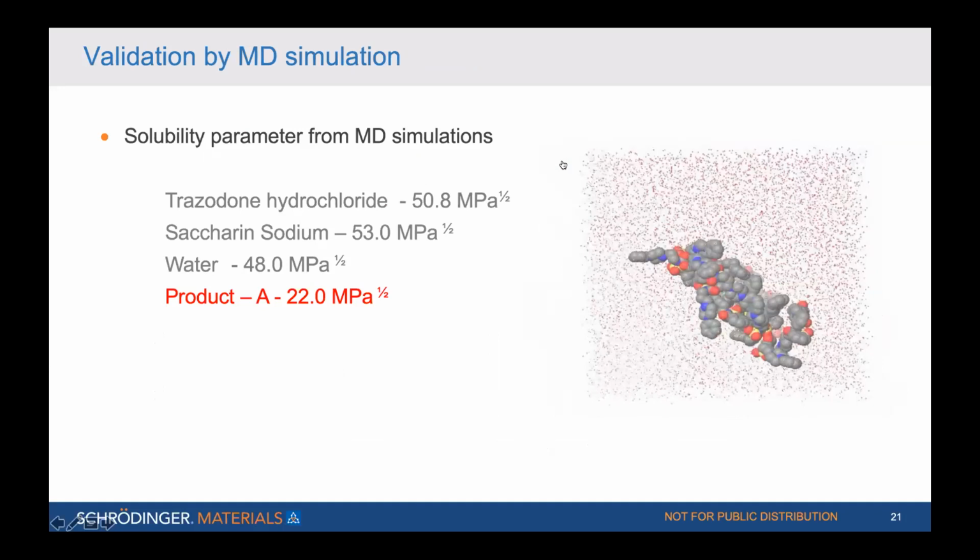You can see it's aggregating, it's phase separating from the solution environment. You can see it's all aggregated together. Why? Because its solubility parameter is 22 compared to 48 for water, because of which it's not going to like water. It's going to completely phase separate. That's why it's reaching the bottom of the beaker.